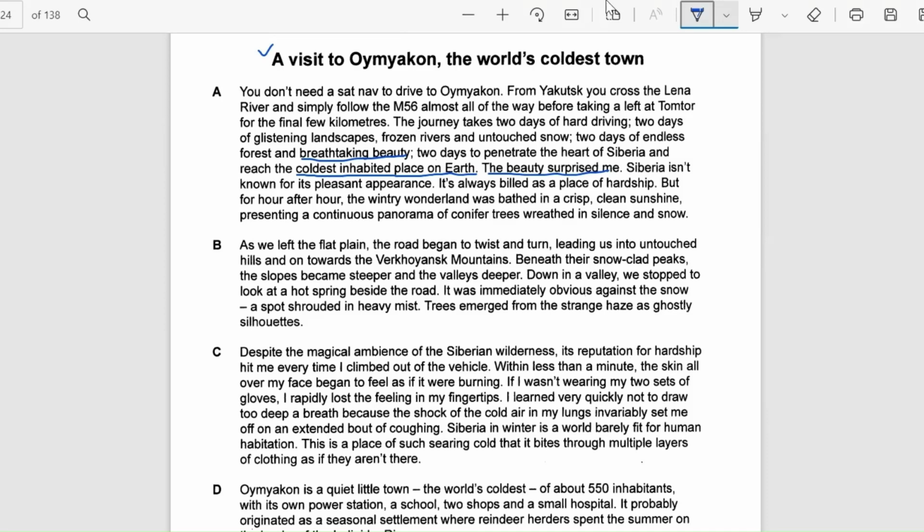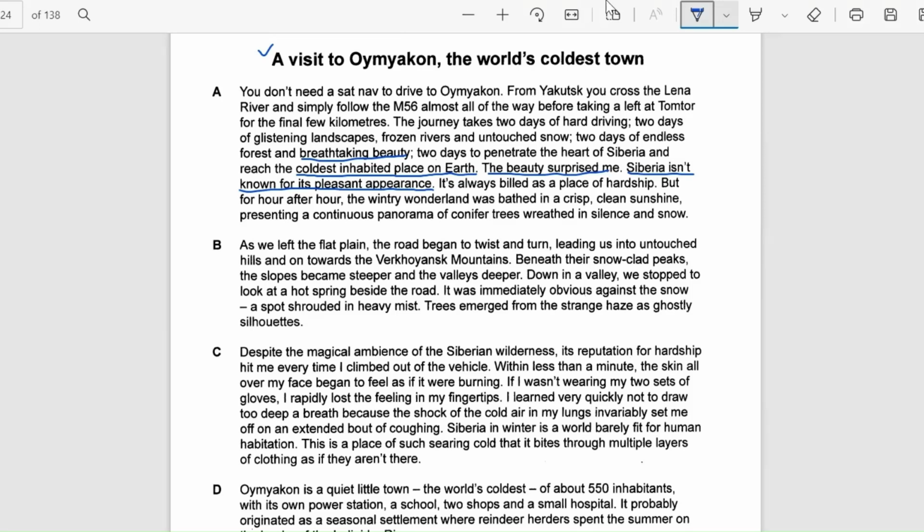And then a point comes where it is saying that Siberia isn't known for its pleasant appearance, which means people don't see it as a beautiful place usually. Now, when I read this, it strikes me that there was something related to the reputation of the place, wherein there was a contrast. Okay, so I have that option coming into my mind right now. We will go back and see once we are done with this.